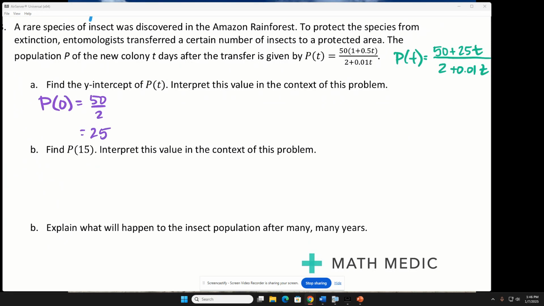So what do you guys think is 25? If we wanted to interpret this in the context of the problem. Is it insects? Is it ears? What do you think? It's a P. So P represents the population of insects. So 25 insects when?